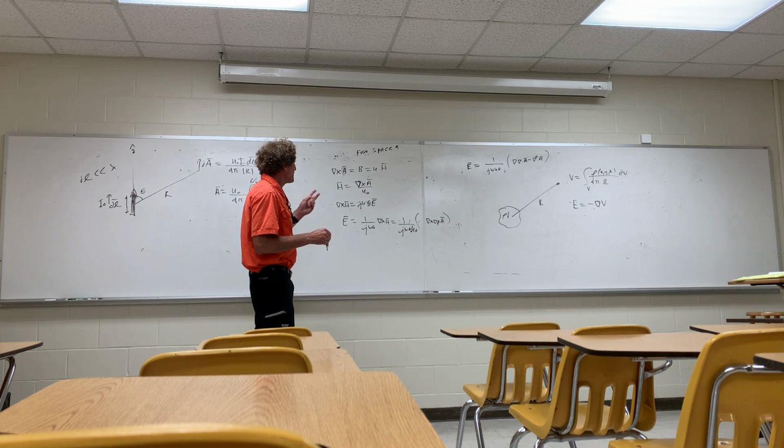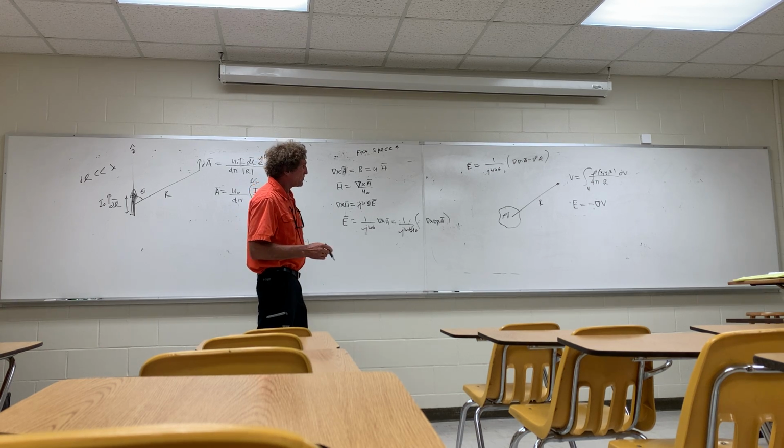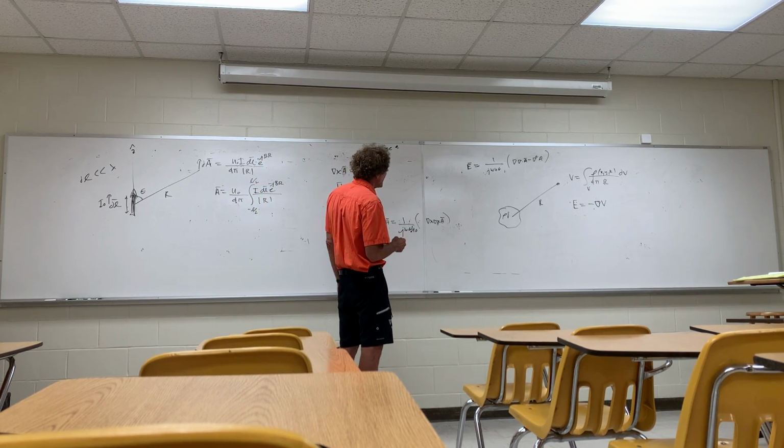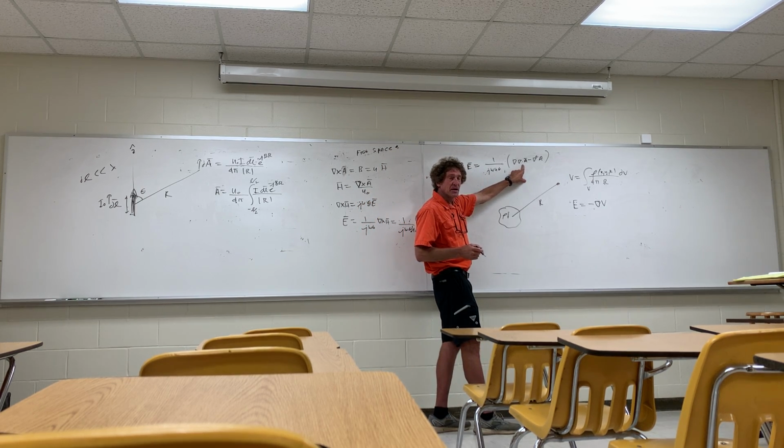All right, well, it means if both the curl and the divergence of the vector are given, it's unique. So what happens over here, you see how you have a divergence of A? We can uniquely identify that in a way that suits our purposes and makes it easier to solve for the actual value of A. And this is called a gauge condition.